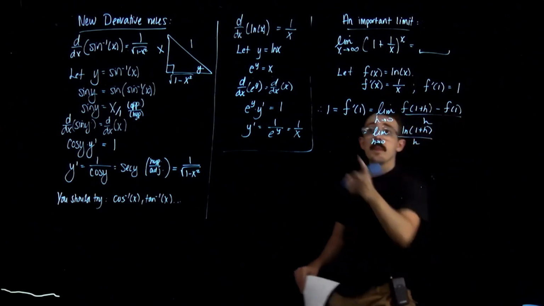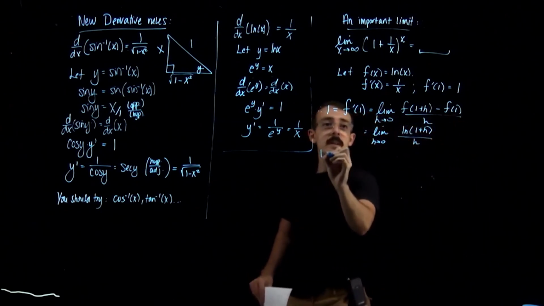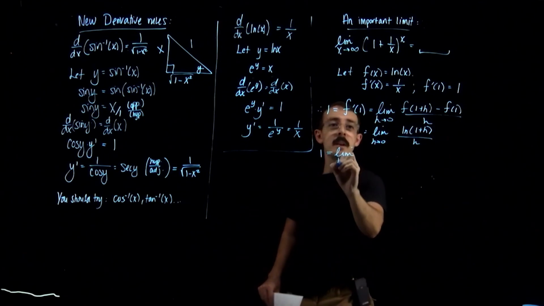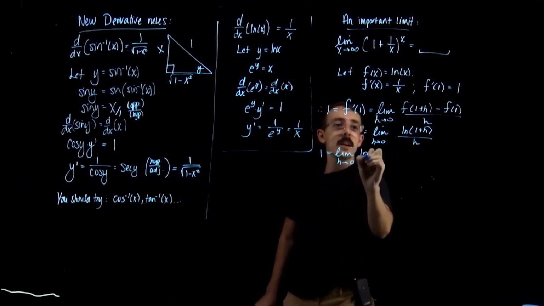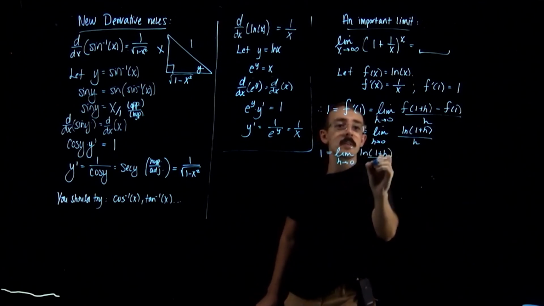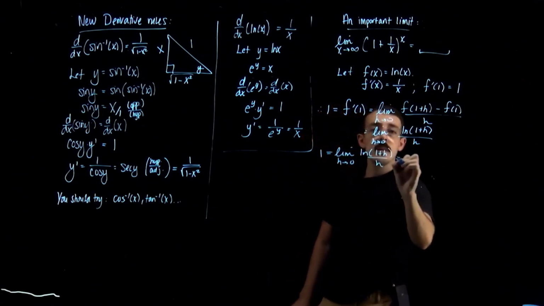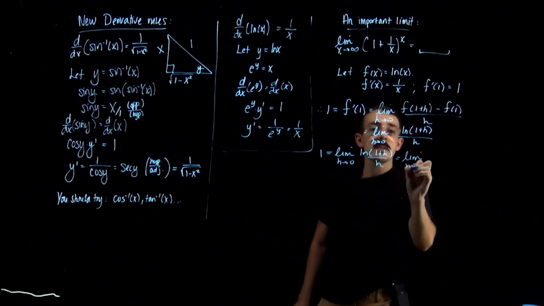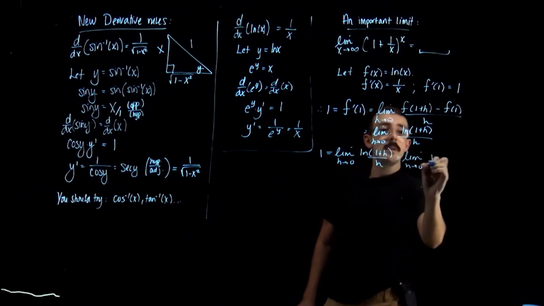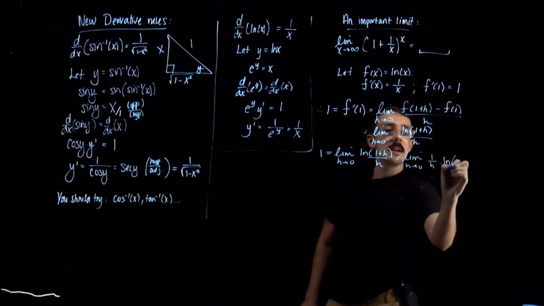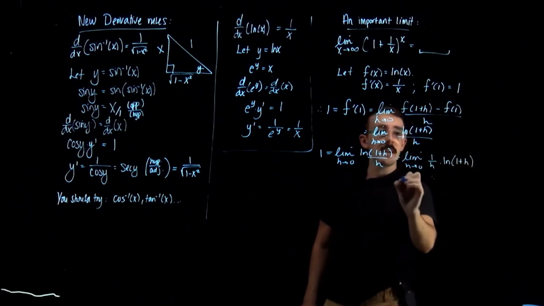So now I can say 1 is equal to the limit as h goes to 0 of ln of 1 plus h over h. I'm going to use log properties here. So this is equal to the limit as h goes to 0 of 1 over h times ln of 1 plus h.